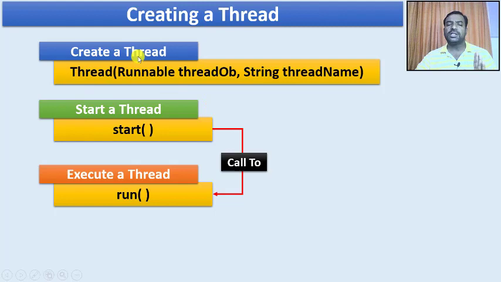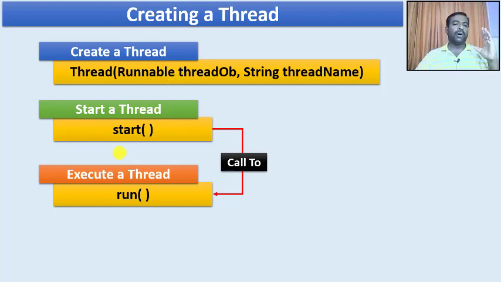And so once the thread has been created, it will be in the new state. And now to make it runnable, I need to execute the start method. And the start method will indirectly call the run method, where the thread will fall into the running state. Hence, if I want to create a thread, I make use of the constructor and create an object.